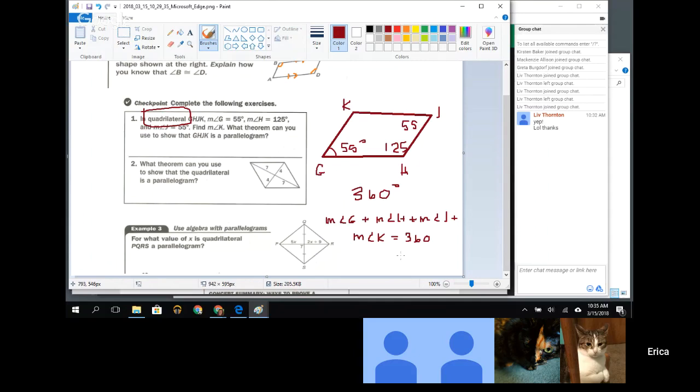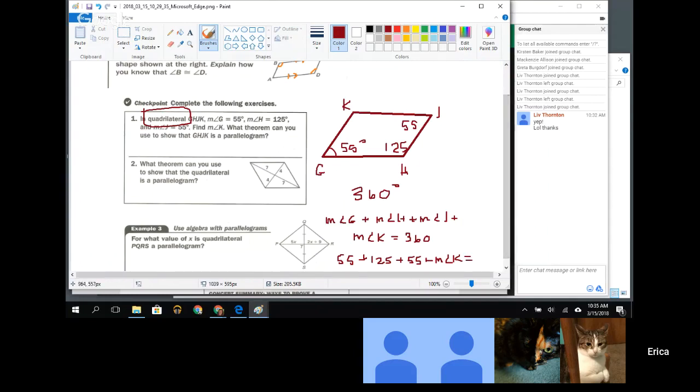So I have 55 plus 125 plus 55 plus the measure of K, and that equals 360.